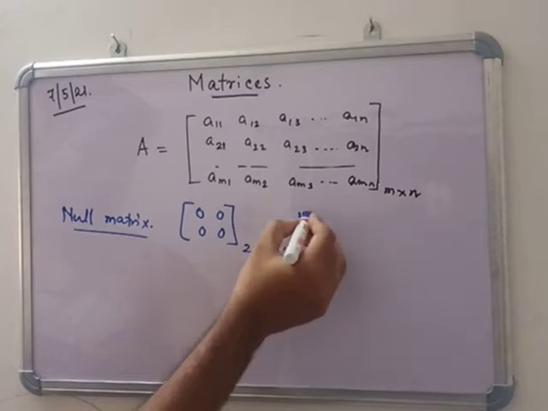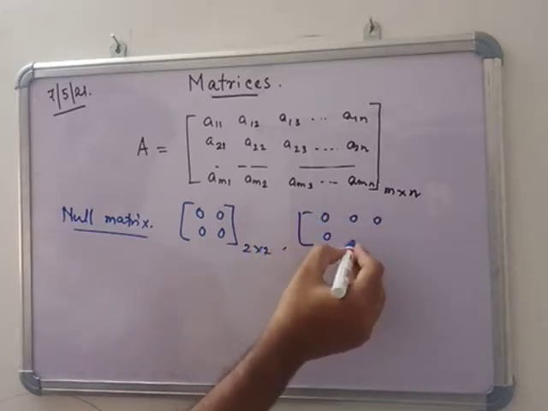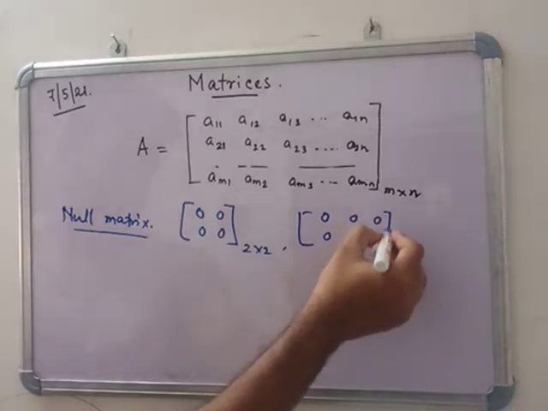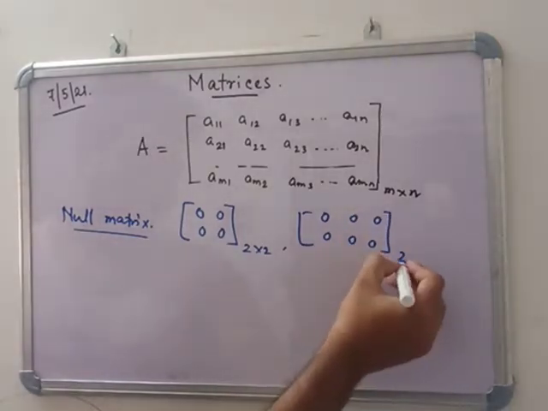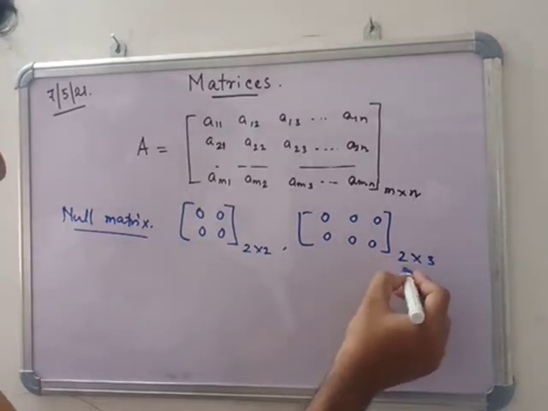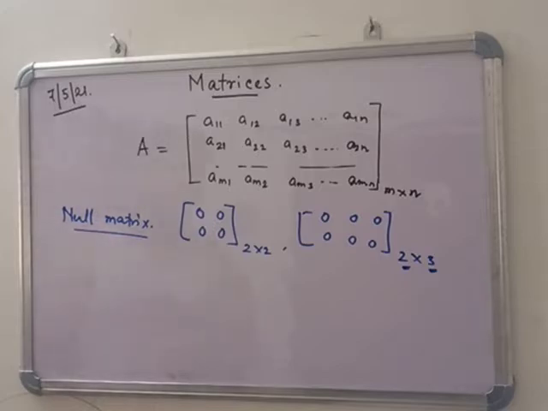You can also write 0, 0, 0, 0, 0, 0. So this is a 2 by 3. 2 by 3 means rows into columns. This is the null matrix. When all elements of the matrix are 0, it is called a null matrix.